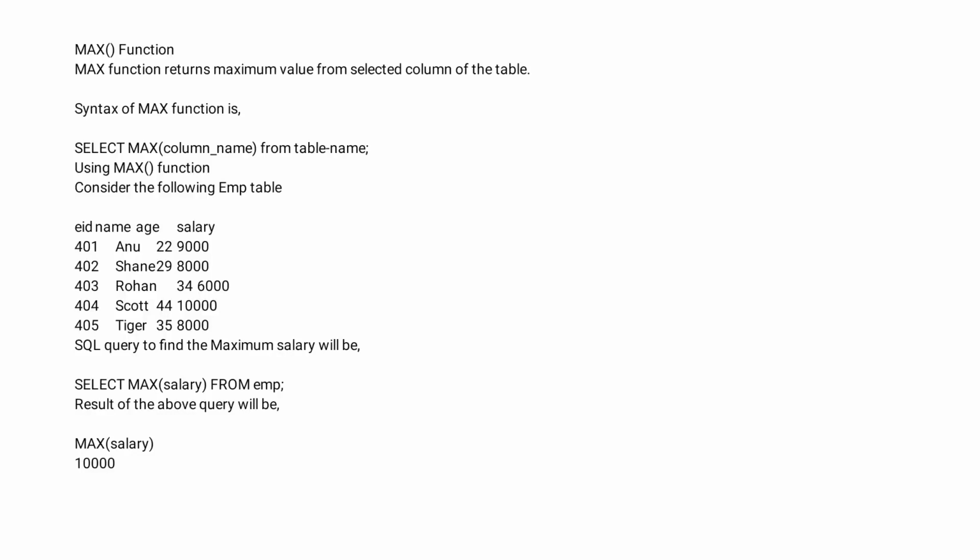The highest salary is earned by 404, and the maximum salary is 10,000. If we apply the maximum function on EID, the maximum EID is 405, and on age, the maximum age is 44.